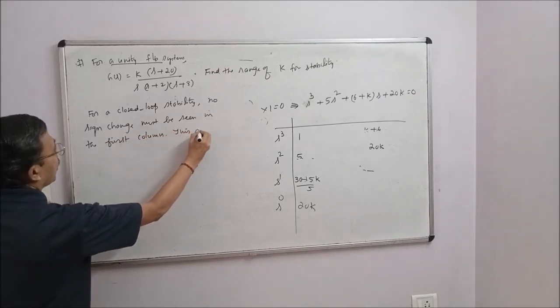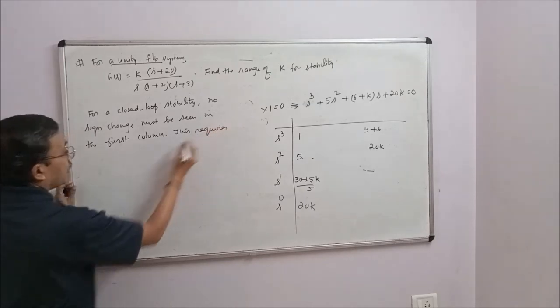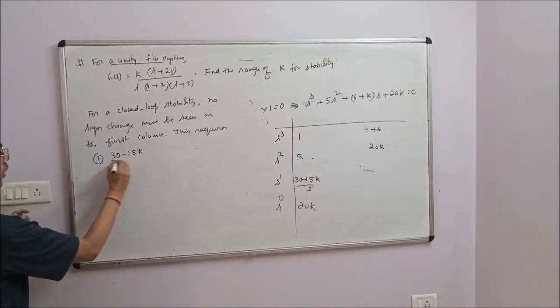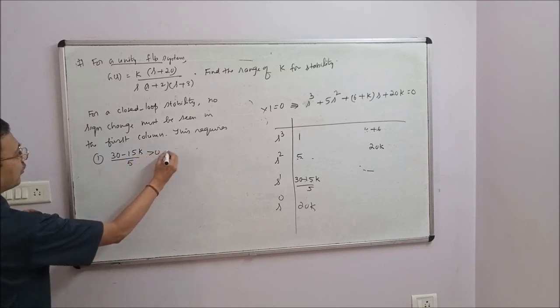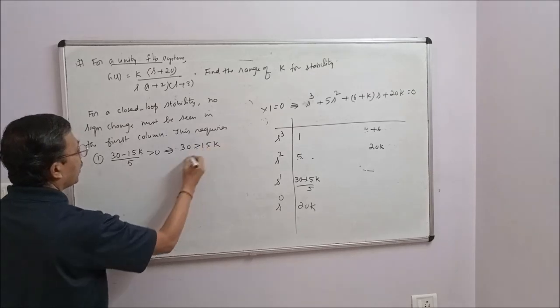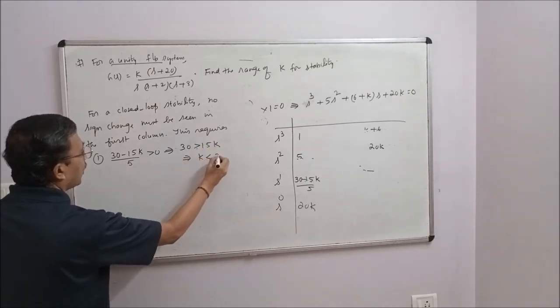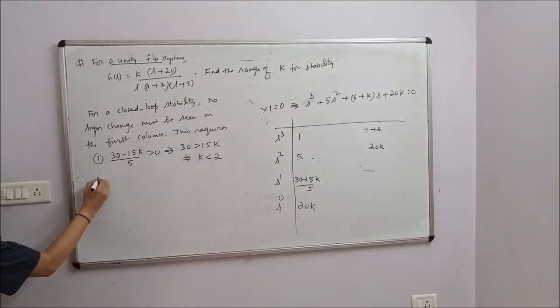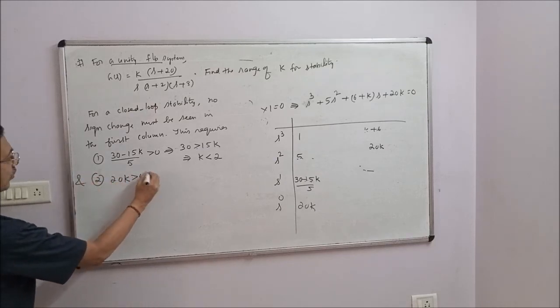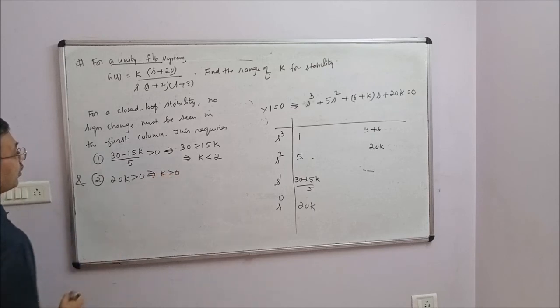This requires, one, (30 minus 15K) divided by 5 greater than 0, which implies 30 greater than 15K, which in turn implies K less than 2. Second one, 20K greater than 0, this implies K greater than 0.